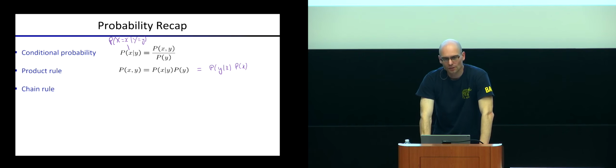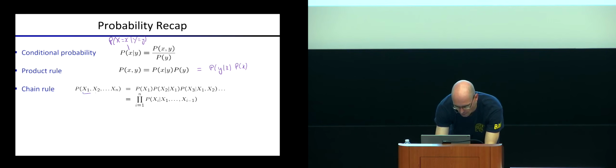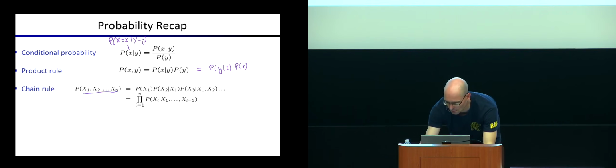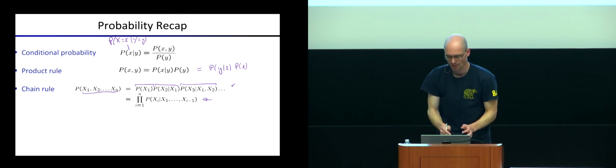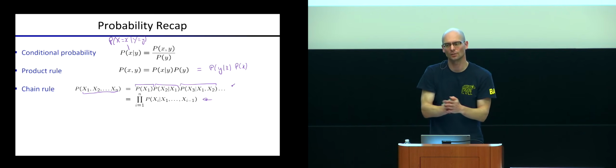Then the chain rule, which is a generalization of the product rule, and it's a way to write out joint distributions over many variables. The joint probability over all variables, x1 through xn, is the product of the probability of x1, then the conditional of x2 given x1, then x3 given x1 and x2, and so forth. Written in shorthand notation, it is the product of all conditional probabilities of each variable conditioned on all the preceding variables in your ordering.